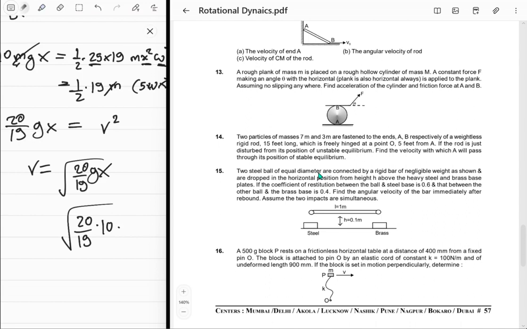What? Wait, that's just not good because feet is not SI. Oh, 1 feet is like what? 30 centimeter, I guess. Around 30 centimeter. It's like 0.3 meters. Sorry. Is that correct? Something's wrong.